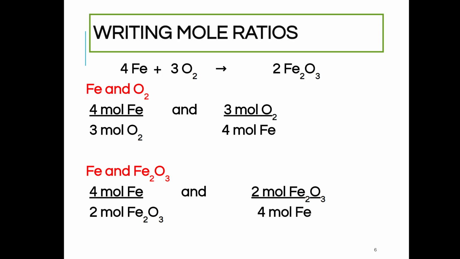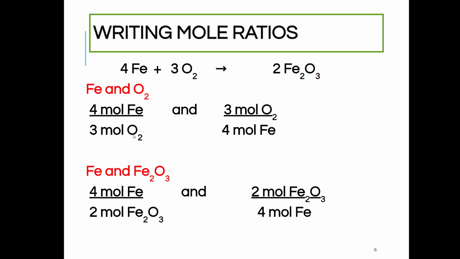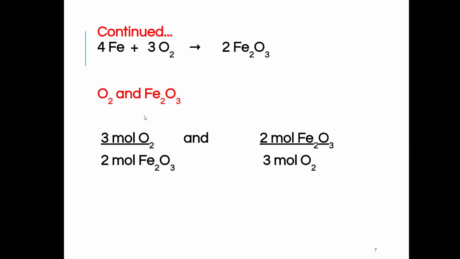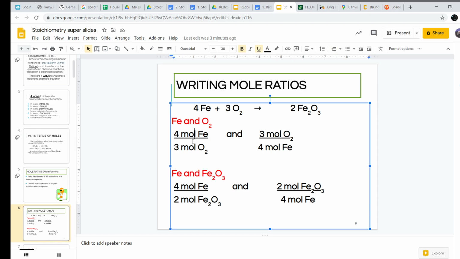Okay? And our mole ratios, how we're going to do this is I'm going to offer you 2 methods here for doing this. The formal way, the way that most of your college professors are going to want you to write it, is going to be 4 moles of Fe and 3 moles of O2, 3 moles of O2, 4 moles of Fe. Okay? However, I know also for myself in my class here, I have for years gotten rid of this mole because I just understand that it's a mole.